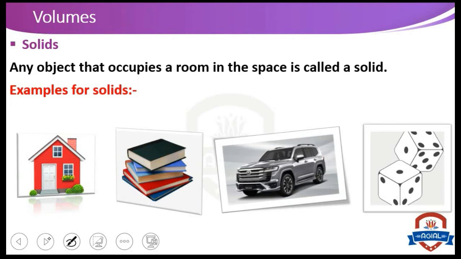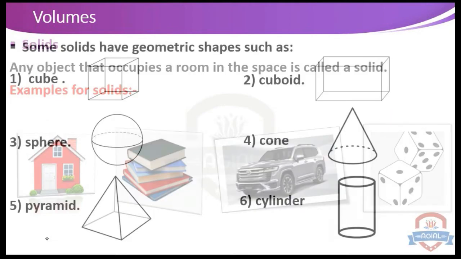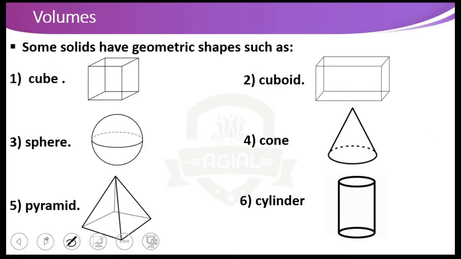For example, the home is a solid, the box is a solid, the car is a solid, the dice is a solid. But some solids have geometrical shapes such as the cube, cuboid, sphere, cone, pyramid, and cylinder.